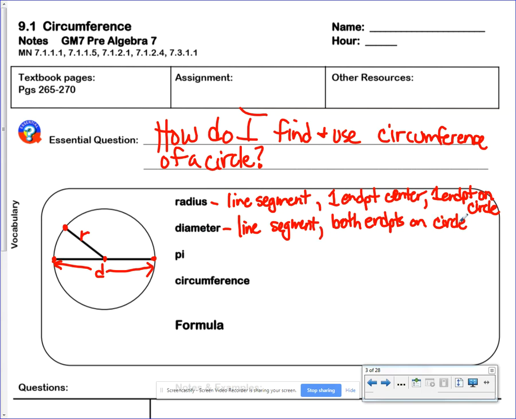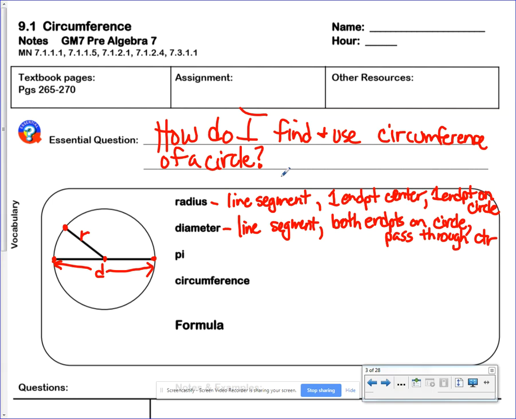Besides both endpoints being on the circle, it also has to pass through the center. In other words, it intersects that center point.